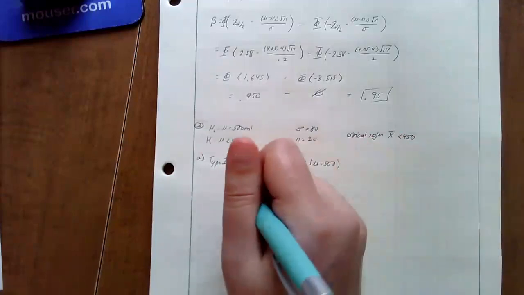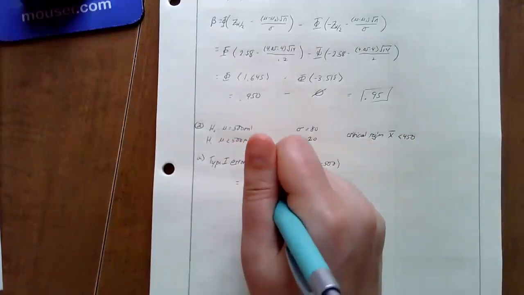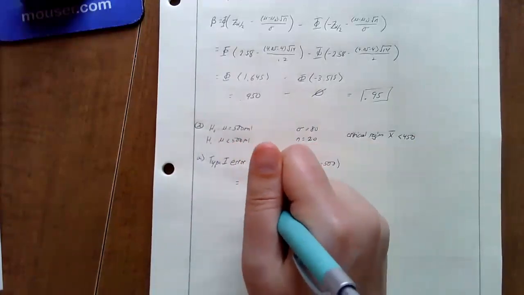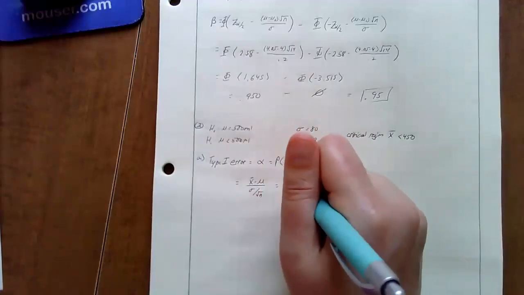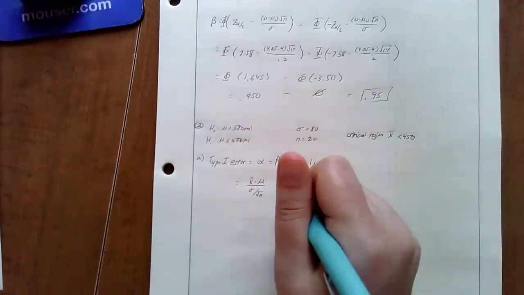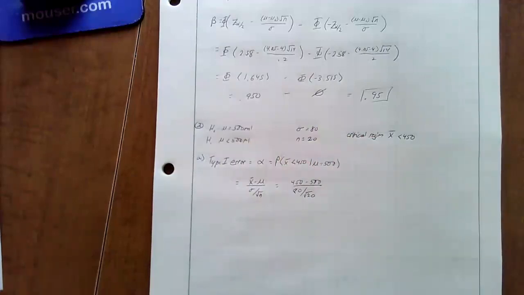To calculate that, we look at x bar minus mu over sigma divided by the square root of n, which is 450 minus 500 divided by 80 over the square root of 20.